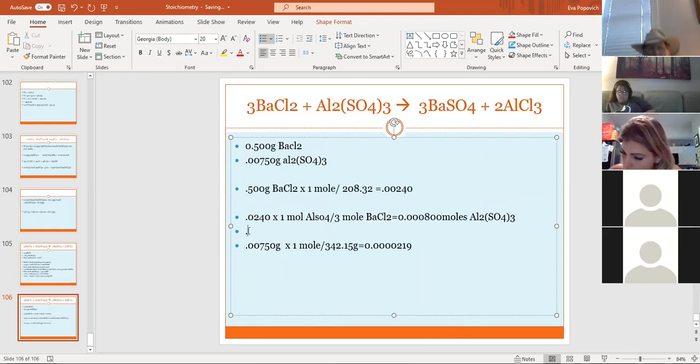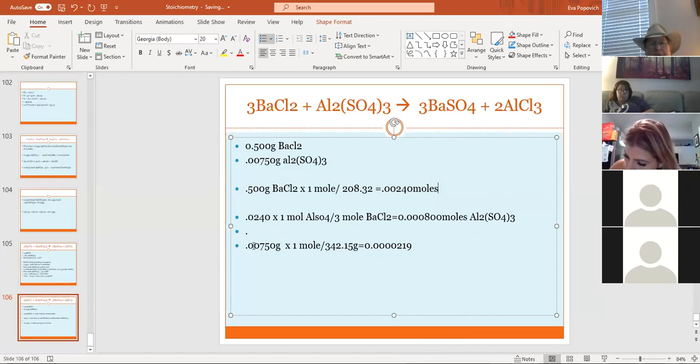All right, I took my 0.500 grams of barium chloride. I determined how many moles I had. Then I took the moles of barium chloride and multiplied it by my molar ratio. This is how many moles of aluminum sulfate I would need. Are we good with that, guys?